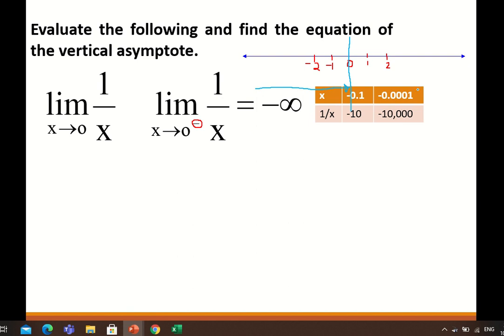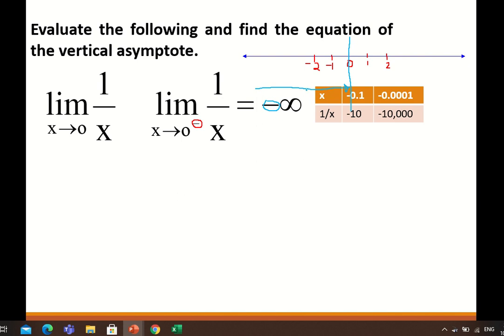If you go on adding zeros before the 1, it becomes bigger and bigger, and we have noticed that this is negative. So all the values from the left, x approaching c, will be negative.